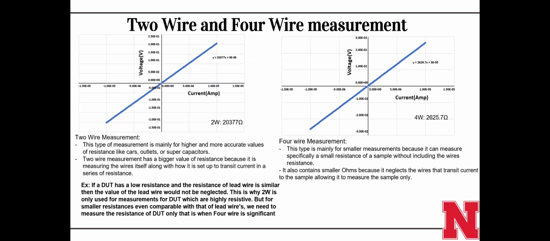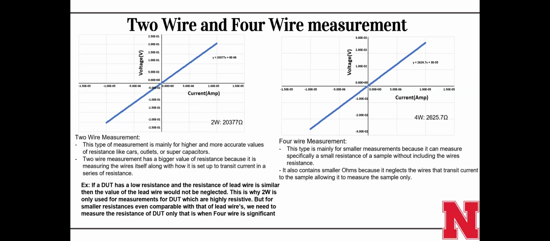And 10 ohms of the lead wires plus 10 ohms of the resistor would change the resistance value dramatically, which isn't good for a 2-wire measurement because you want a more accurate value. But for 4-wire, it doesn't measure the lead wires' resistance, which means that it can just be neglected.